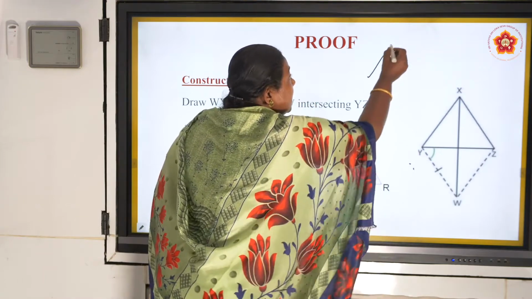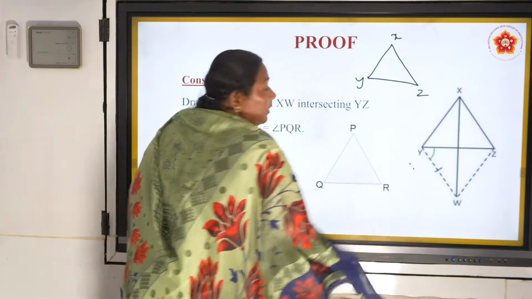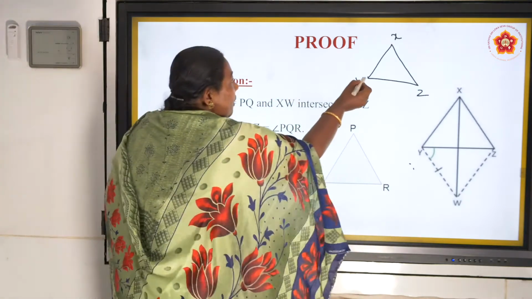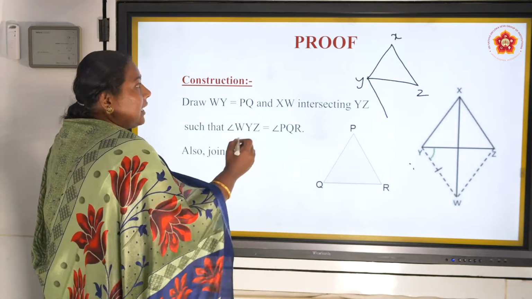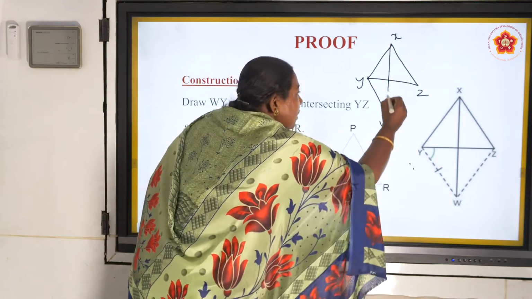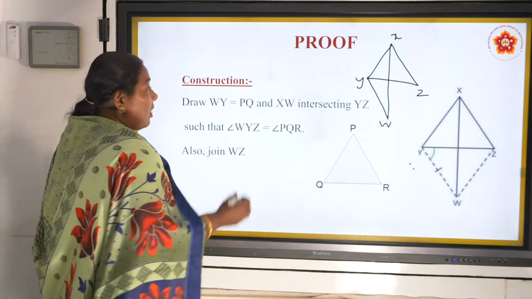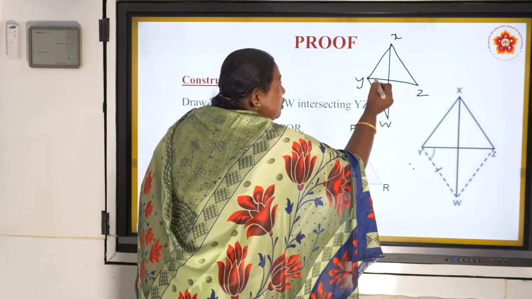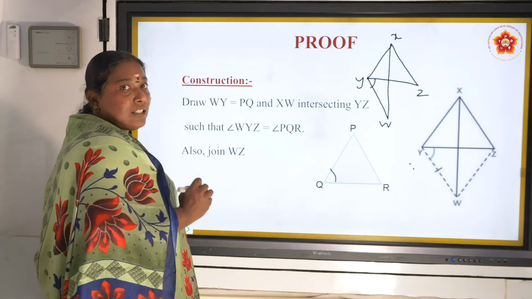Already we have a triangle XYZ. Correct? In that, I'm going to draw a line from Y to W. Next, I'm going to draw a line from X to W which intersects YZ in such a way that angle WYZ should be equal to angle Q. This is my construction.